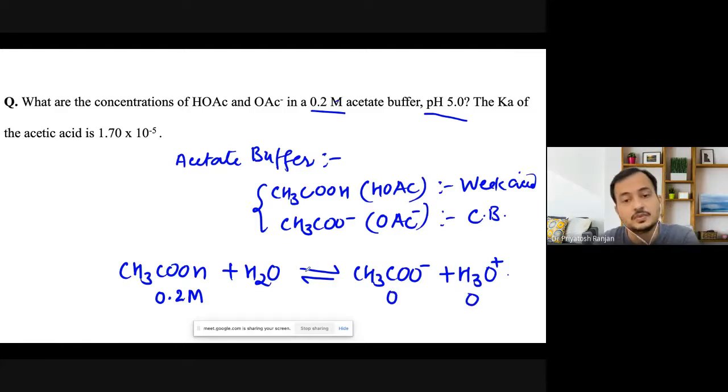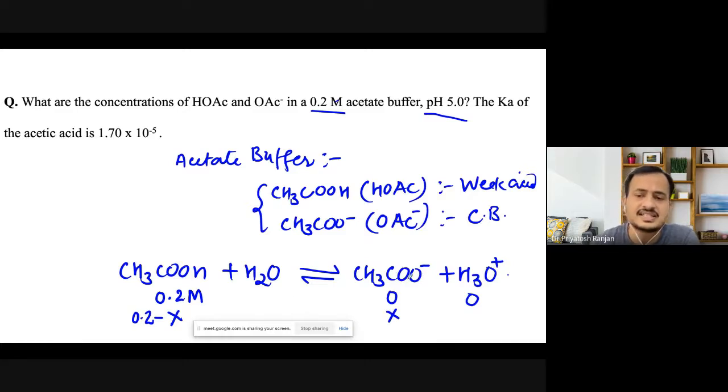With the progression of time, this acetic acid is going to release protons, and let's assume that the amount of proton which this acetic acid is going to release is X, and depending upon that, X is going to be the concentration of CH3COO minus.